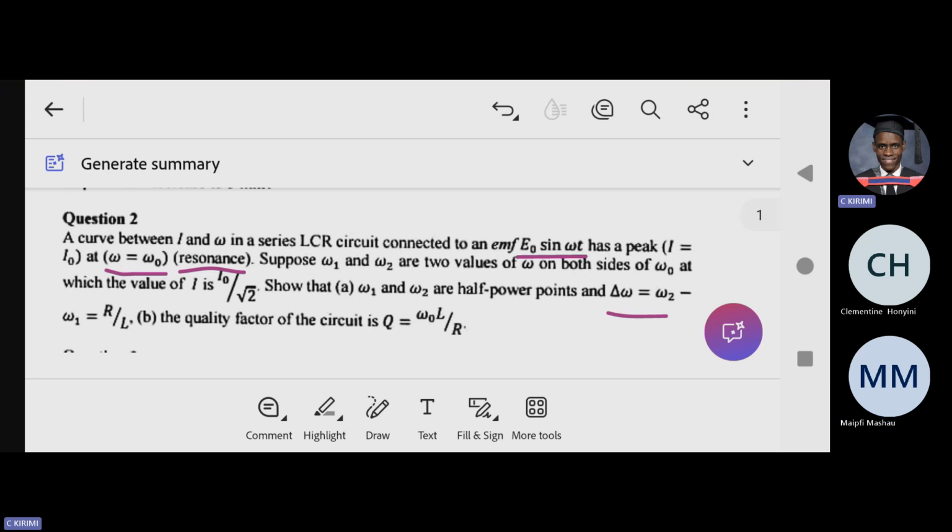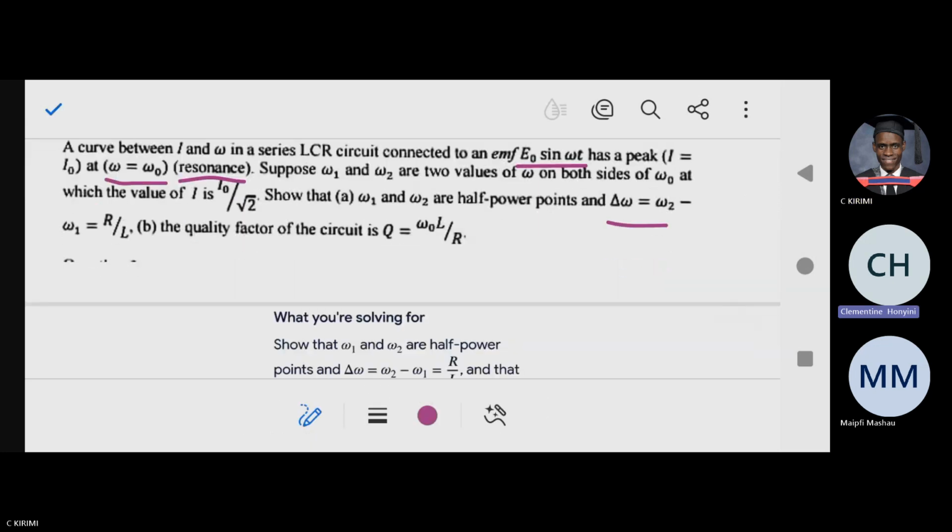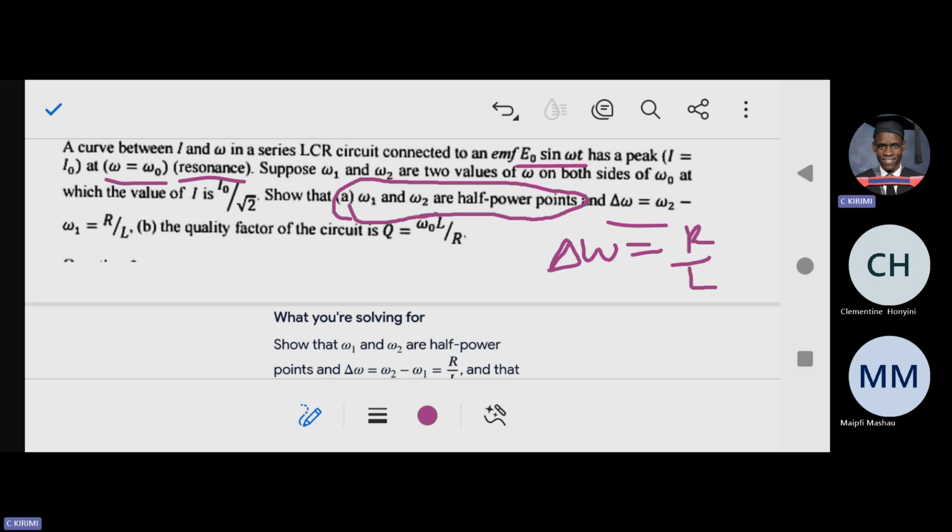So I was just telling you that what we are supposed to solve in our question is to show that omega 1 and omega 2 are half power points. This is the first thing that we have to show for A. We must also show that delta omega, or change in omega, is equal to R over L. When we reach that point, then we'll be done.